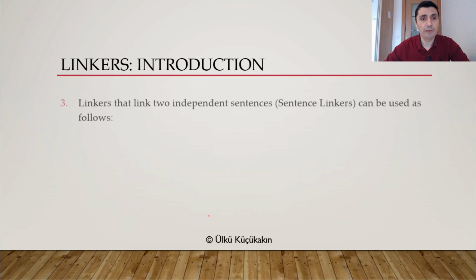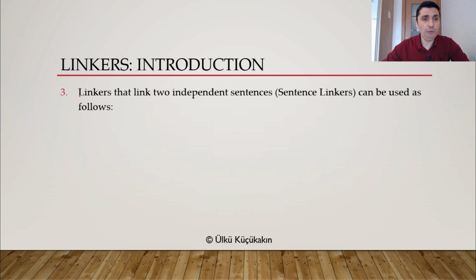All right? And finally, we have the third group of linkers, which are linkers that link two independent sentences. And they can be used like this. Full sentence, full stop here, right here, linker, comma, and another full sentence.